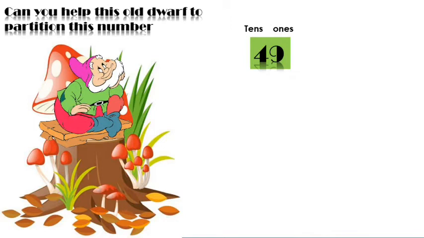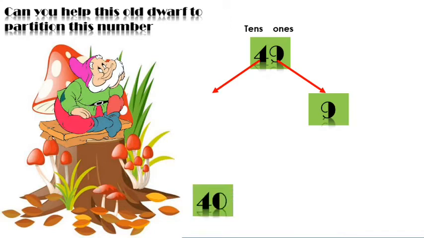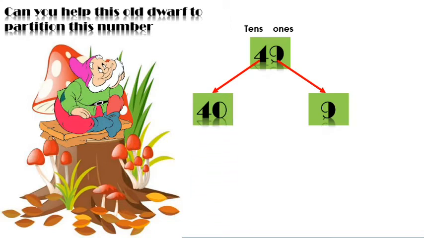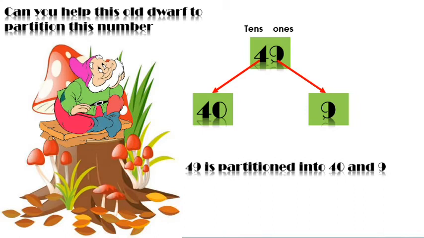Can you tell how many ones are there? Yes, there are 9 ones. And how many tens? There are 4 tens, which means 40. So 49 is partitioned into 40 and 9.